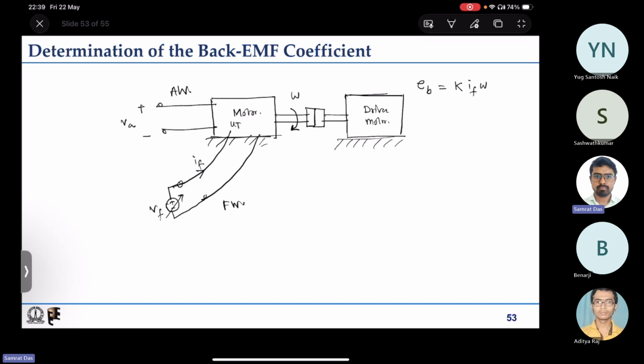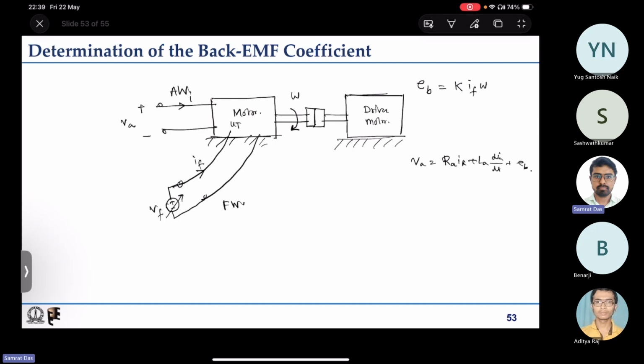Now if I remember the armature winding KVL equation, VA equals Ra Ia plus La dIa/dt plus Eb. Now in this case, because the armature winding is open, there is no current.